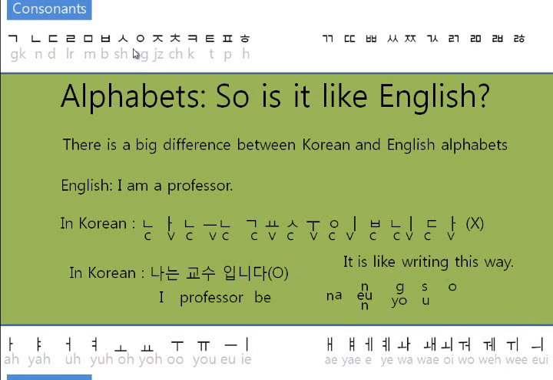This circle is silent when it comes as the first consonant of one syllable. But it works as an NG sound when it comes at the end. So, ip, N sound, ni, D sound, A, 다.